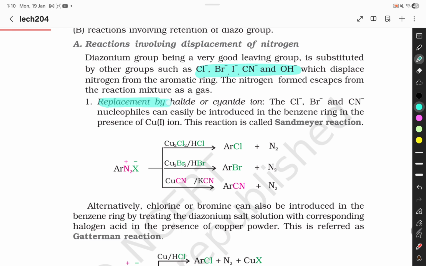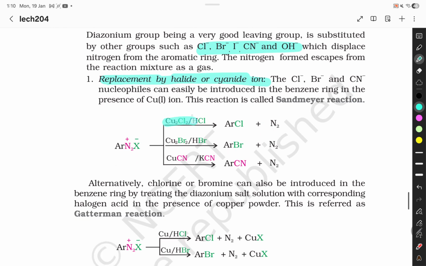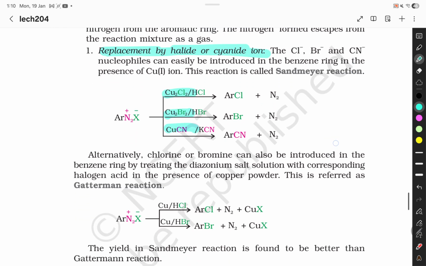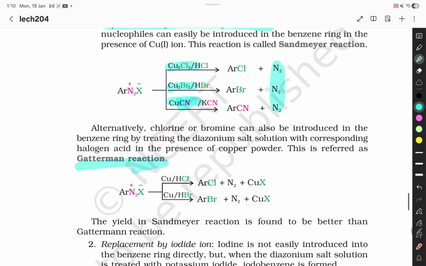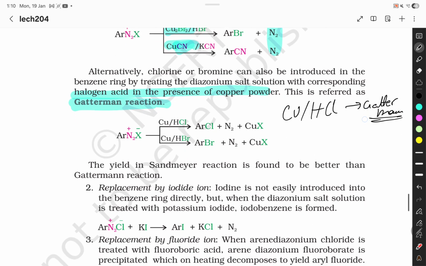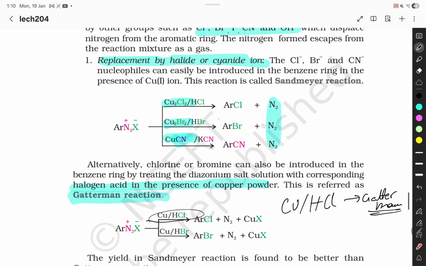Now, Sandmeyer reaction is Cu2Cl2, Cu2Br2, and CuCN. And Gatterman reaction is when we use copper powder, halogen acid and copper powder. Gatterman reaction is Cu/HCl.